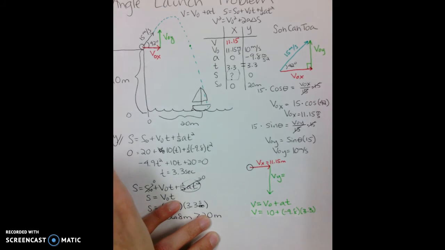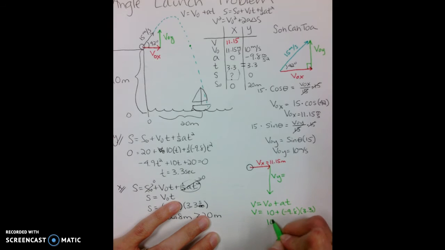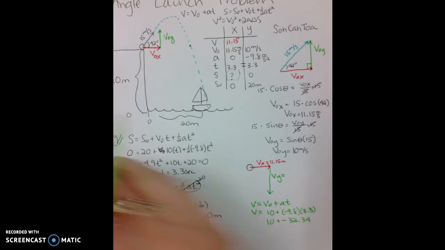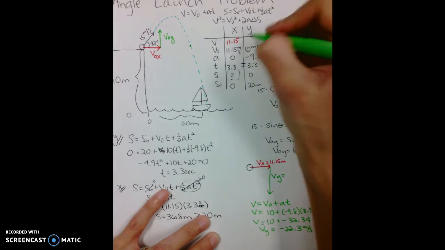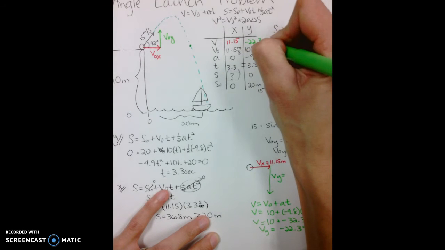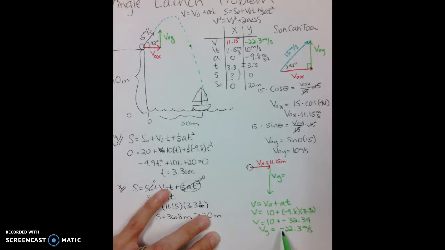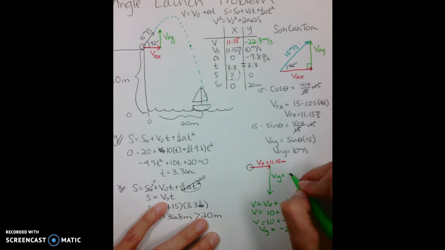And so I get negative 9.8 times 3.3, and so I have 10 here plus a negative 32.34. And I'm left with a final velocity in the y direction of negative 22.3 meters per second. And that makes sense because it's moving down.